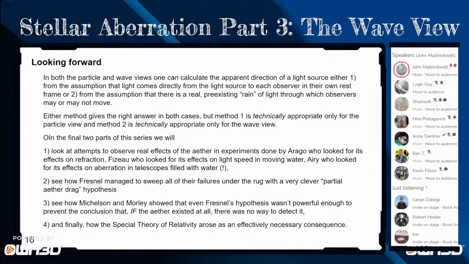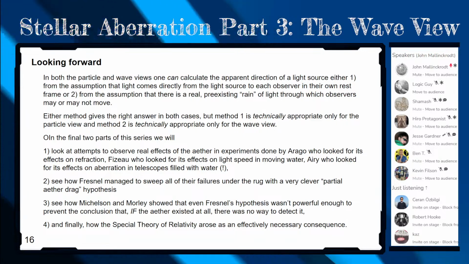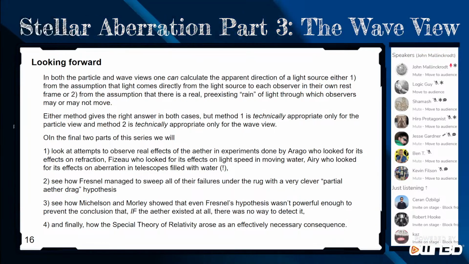You can calculate the aberration either way. In both views, both methods work. Either method gives the right answer in both cases, but method one is technically only appropriate for the particle view, and method two is technically appropriate only for the wave view. Oh, there I see a typo.